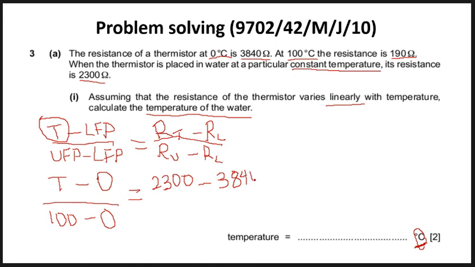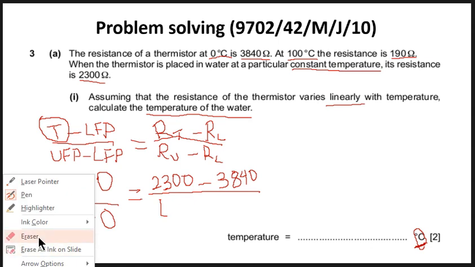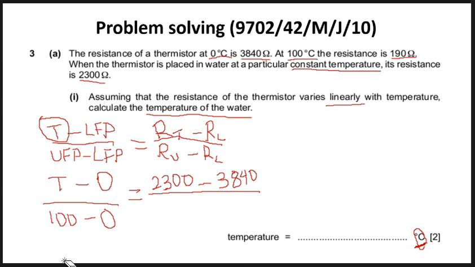Then all divided by, don't forget I'm relating it with what I have here, the upper fixed point at 100 degrees C, which is 190, minus the lower fixed point again, that is 3840.